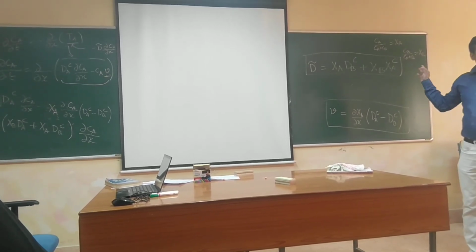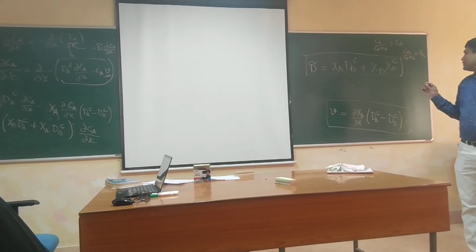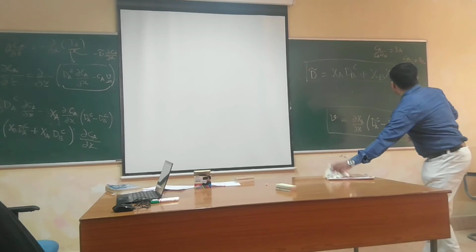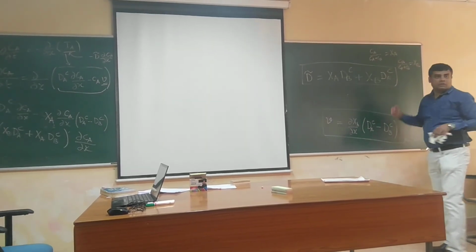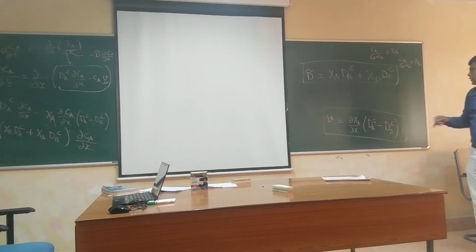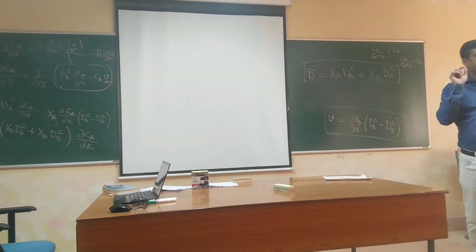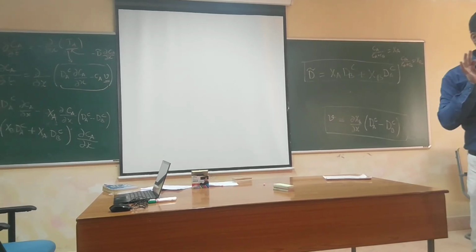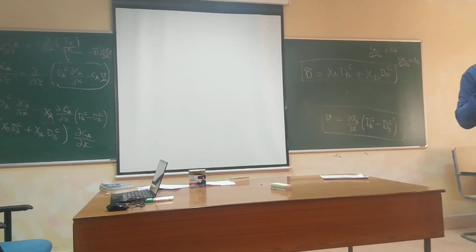You have two intrinsic diffusion coefficients for A and B. So from these two equations you can get the intrinsic diffusion coefficients. These two equations are called Darken's equations.